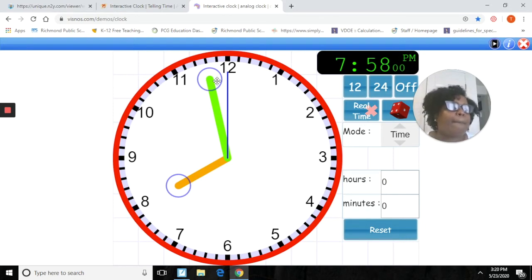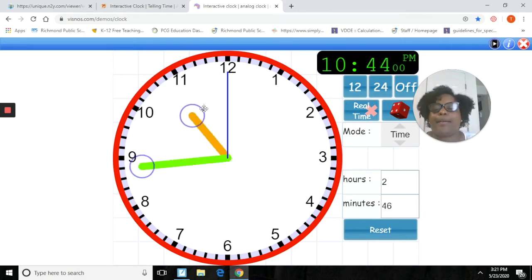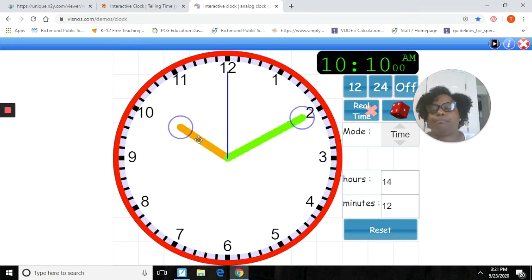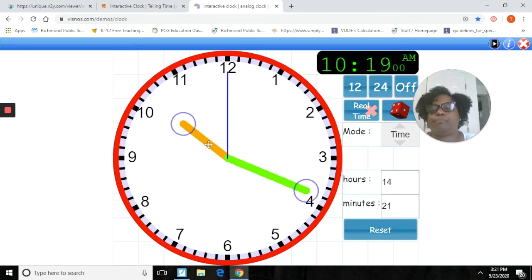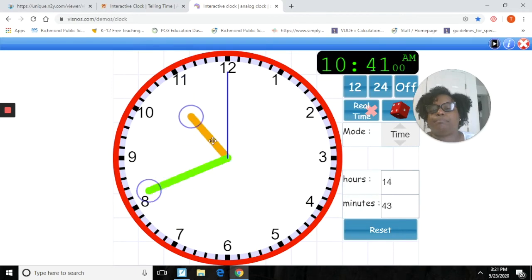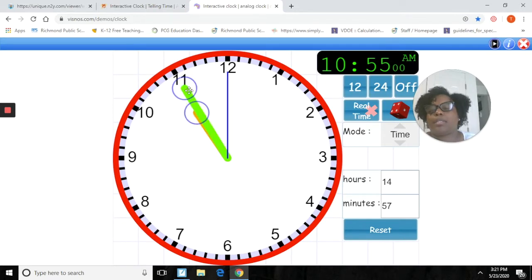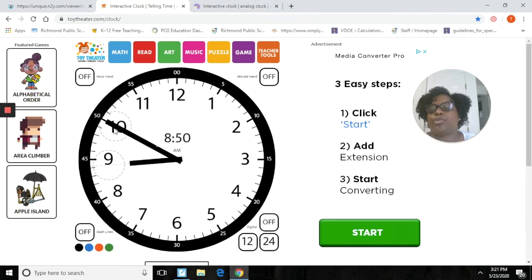Let's do our next time. All right. Okay, I think we're going to have to go back to the other one because I don't want this clock to confuse you. It's okay.